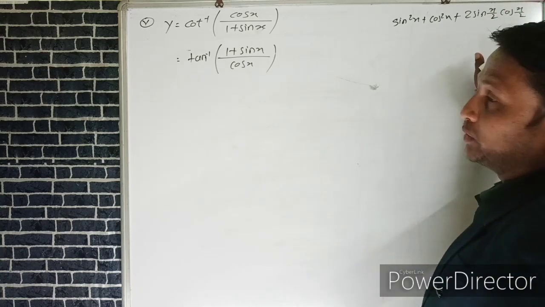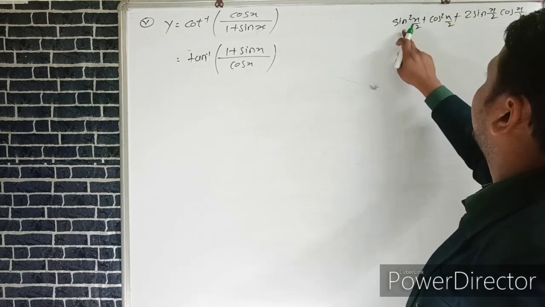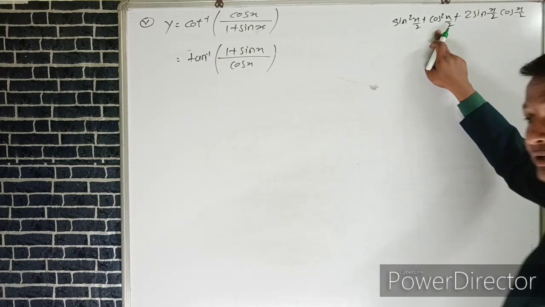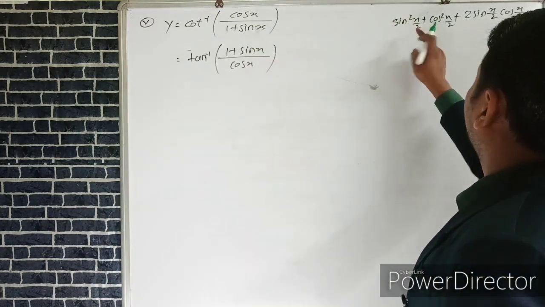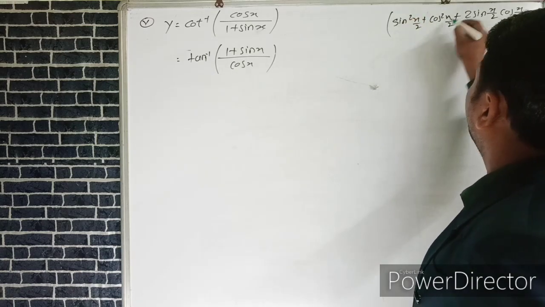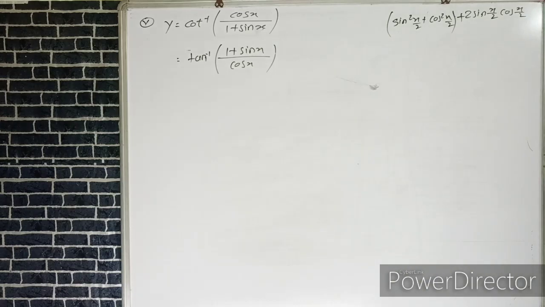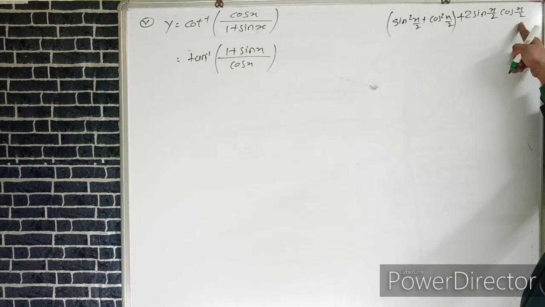Hence we convert the whole angles into x by 2. So in place of 1 we write sin square x by 2 plus cos square x by 2, and sin x is replaced by 2 sin of x by 2 into cos of x by 2.